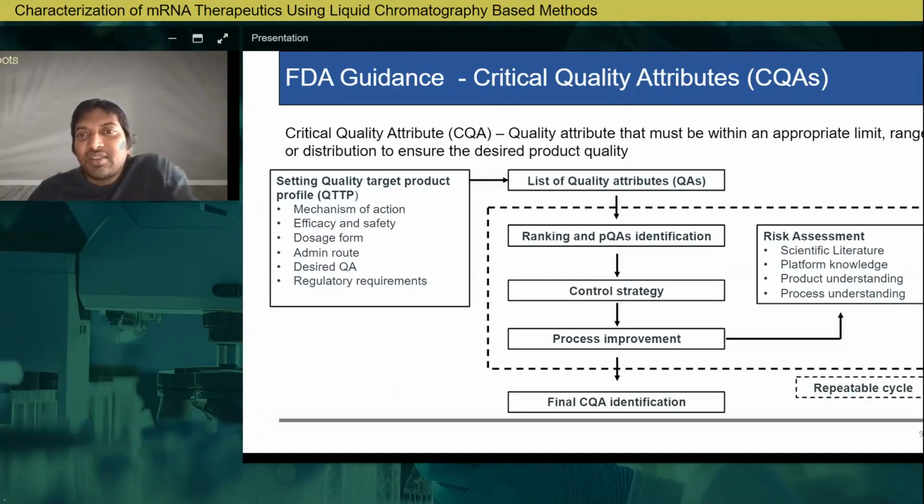Once we iterate this process, we have a final CQA identification. This is a huge process where people do a lot of brainstorming to understand CQAs for each specific product.